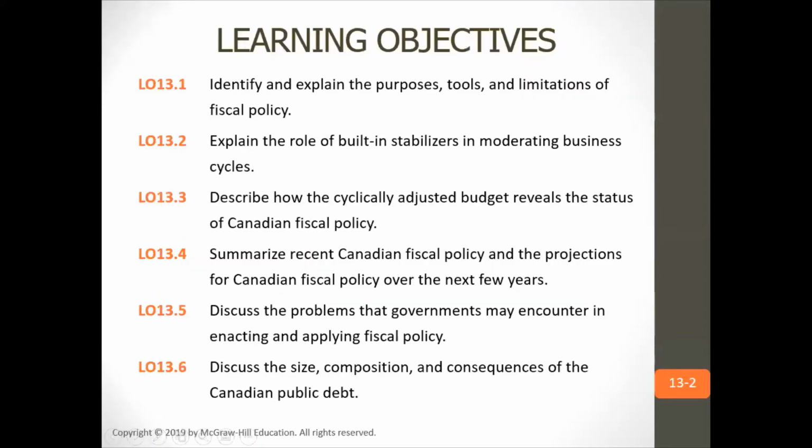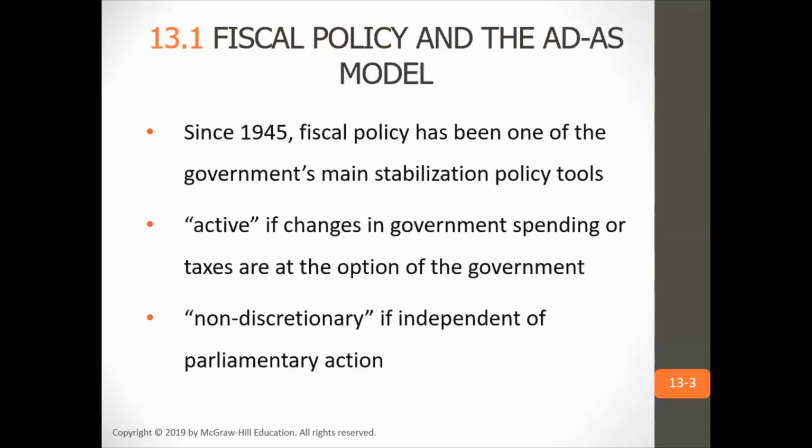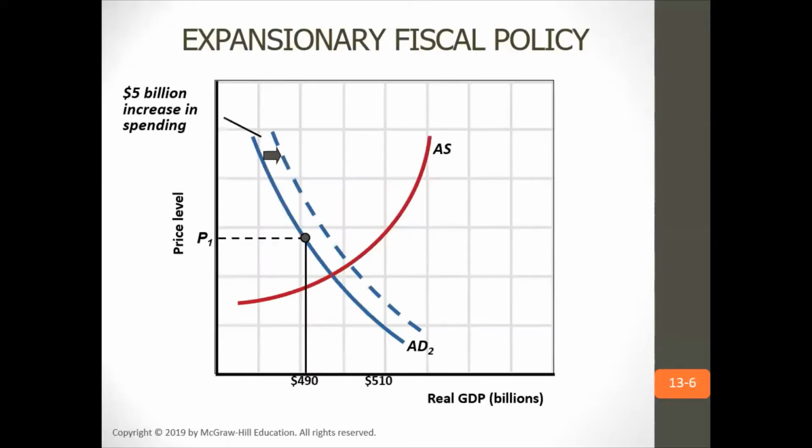So we'll go through fiscal policy, built-in stabilizers, cyclically adjusted budgets, what governments face when they have fiscal policy, and the Canadian public debt. So expansionary fiscal policy is when aggregate demand shifts to the right.